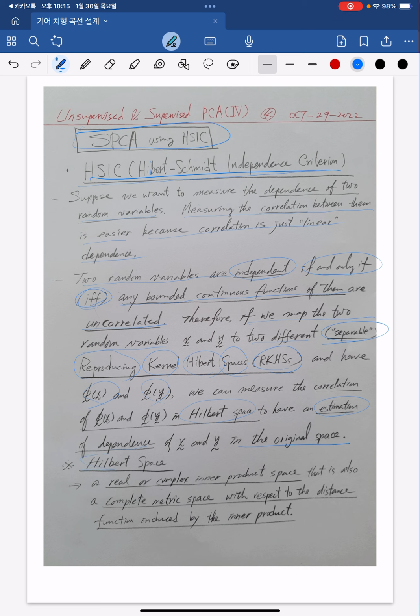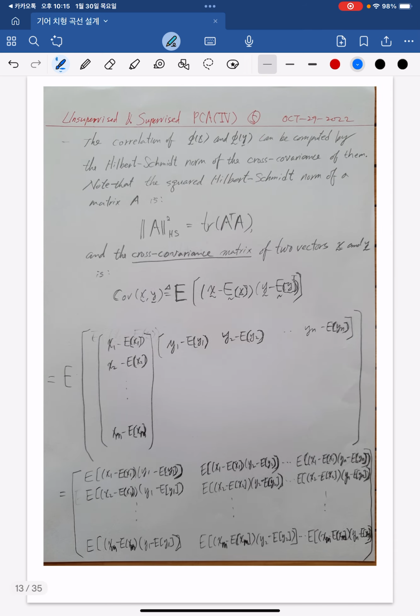A Hilbert space, to explain again, is a real or complex inner product space that is also a complete metric space with respect to the distance function induced by the inner product. The correlation of phi x and phi y can be computed by the Hilbert-Schmidt norm of the cross covariance of them.